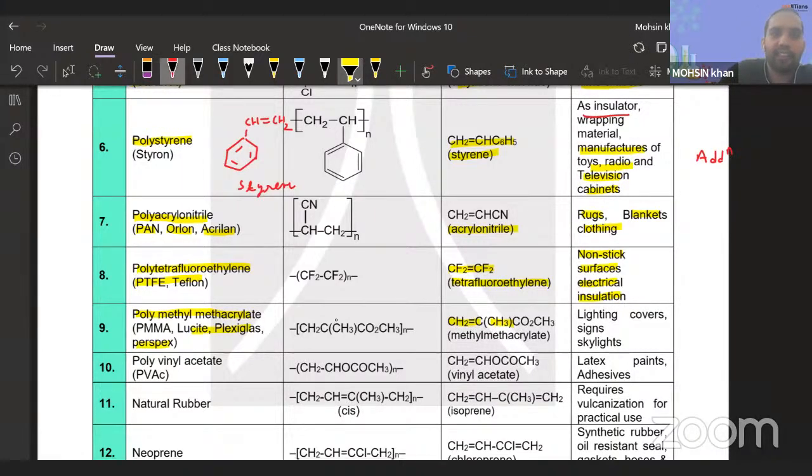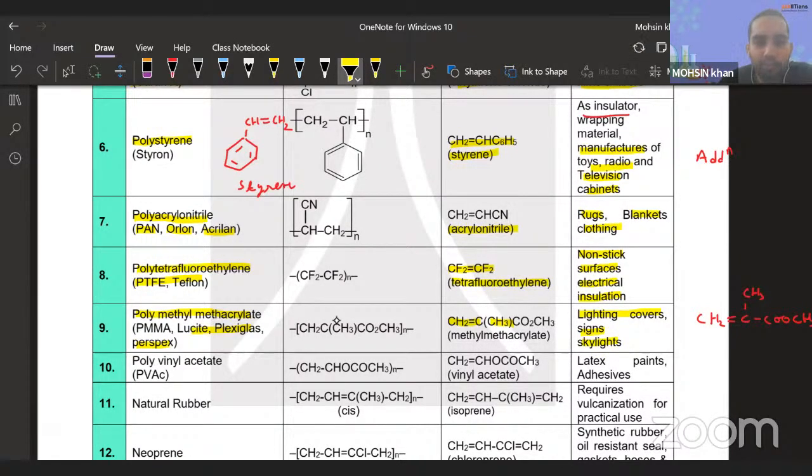So the structure is CH2 double bond C(CH3)COOCH3, and when we polymerize it, we get PMMA. It is used in light covers, signs, and skylights.